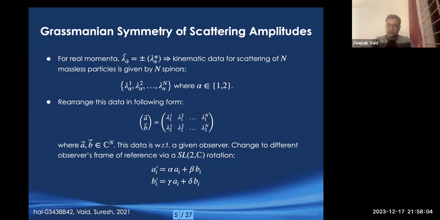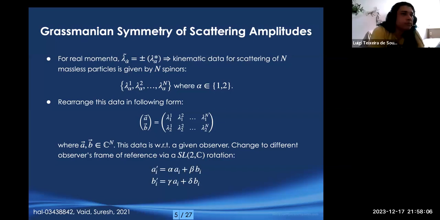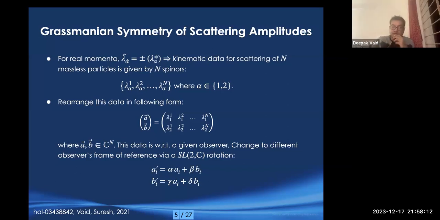It's a global transformation. The observer sees the whole state transform. So each one of these components of these vectors, A_i prime and B_i prime, are the transformed vectors. And you have this SL2C matrix, which has components alpha, beta, gamma, delta.